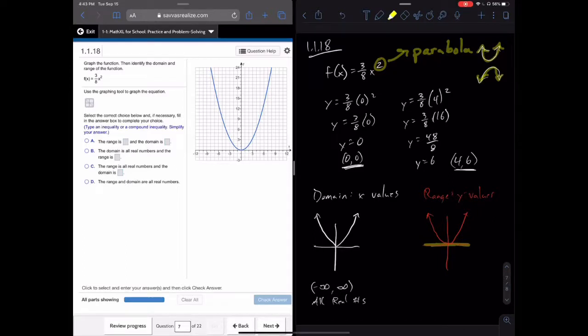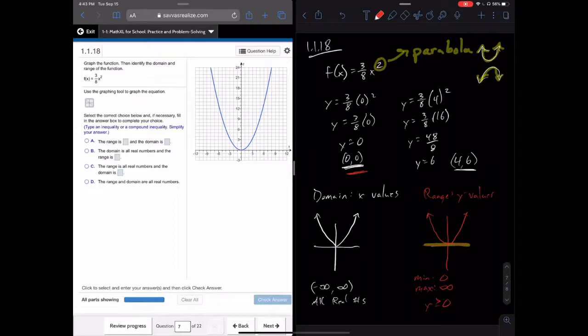So the lowest number is a minimum of 0, and the maximum is infinity. So my range would be that y has to be greater than or equal to 0. In this case it can be equal, because we already tested that up here, so that's why it is equal to 0.